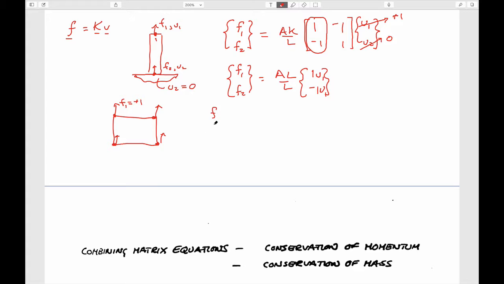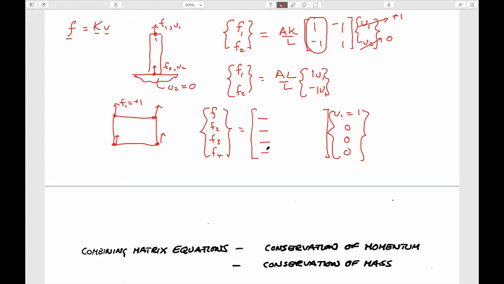Then the stiffness matrix you get out of this is going to be equal to the first column, where U1 equals 1 and the other terms equal zero. The forces that result would be the magnitudes of these four terms. And so you can think about these stiffness matrices or conductance matrices in terms of these magnitudes.